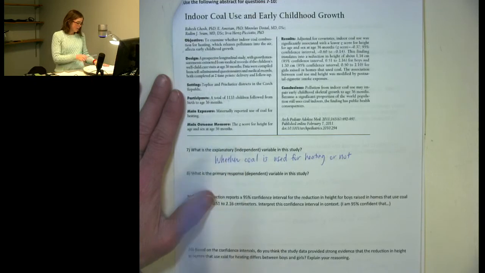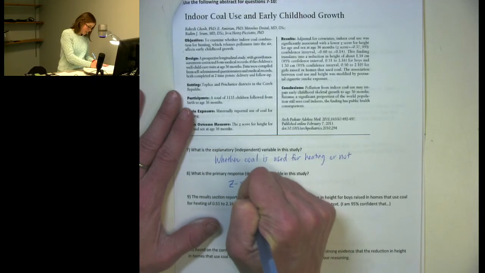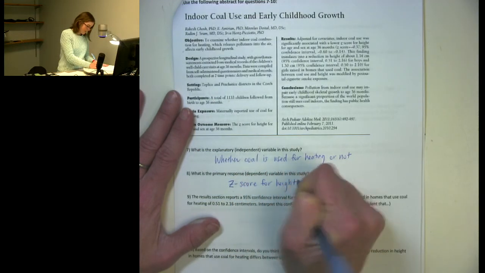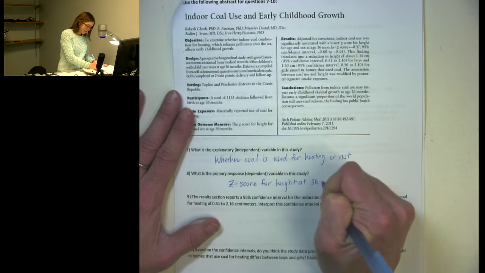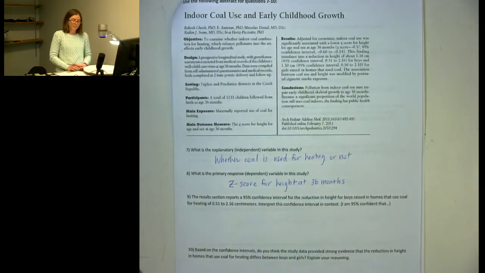The main outcome was the Z-score for height for age and sex at 36 months. So the Z-score for height at 36 months is our primary response variable.